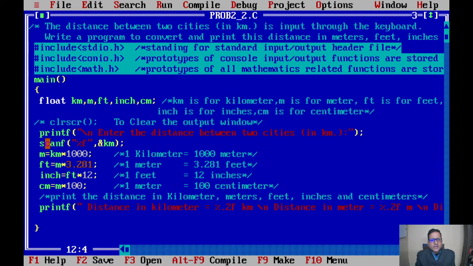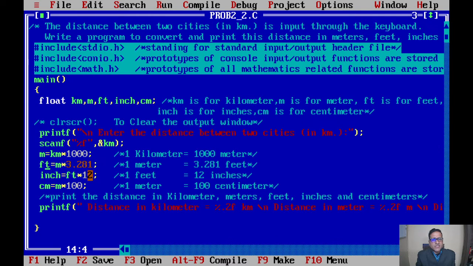After that, in the scanf statement the value entered by the user will be stored at this location, and in this statement kilometers are converted into meters by multiplying by 1000.